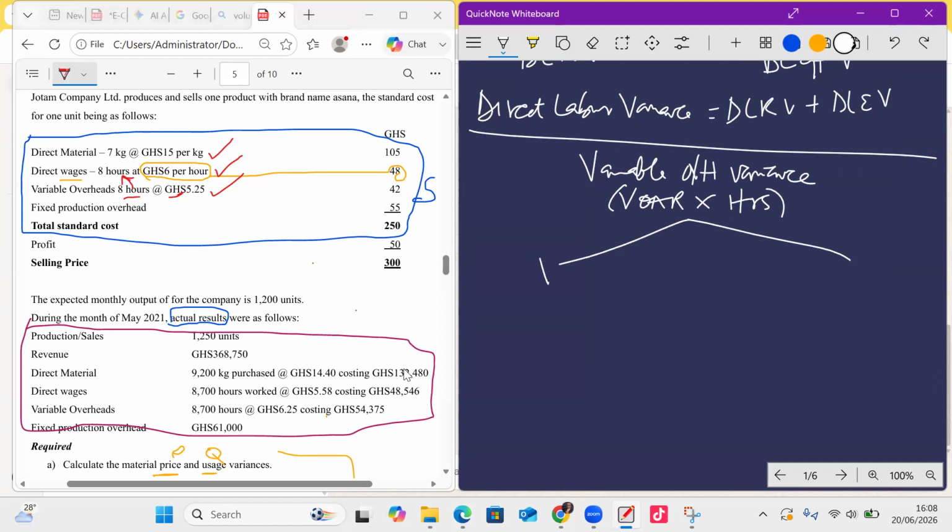So we construct branches. We have the VOAR and we have the hours. So we have here AVOAR, actual VOAR, and the SVOAR, standard. We have the actual, we have the standard.